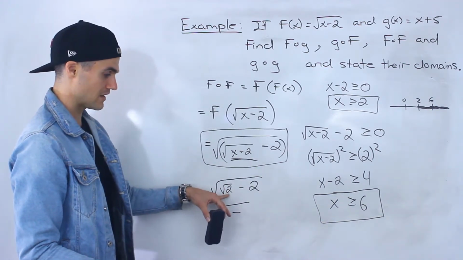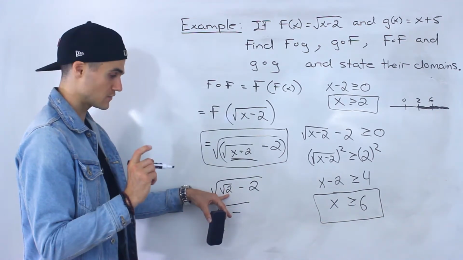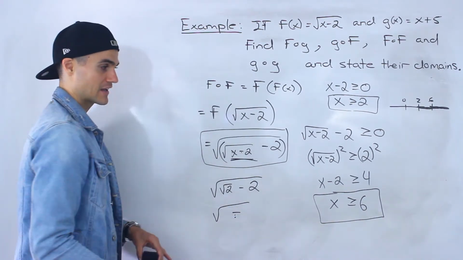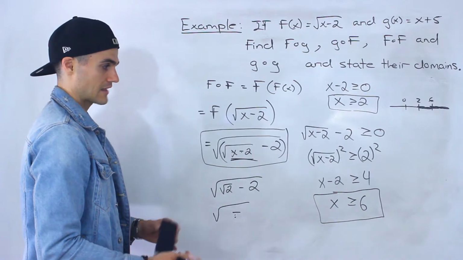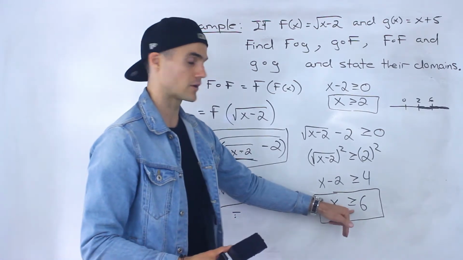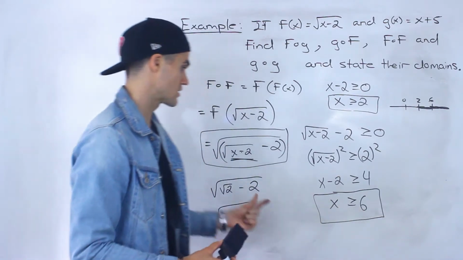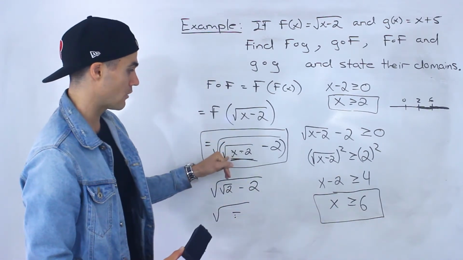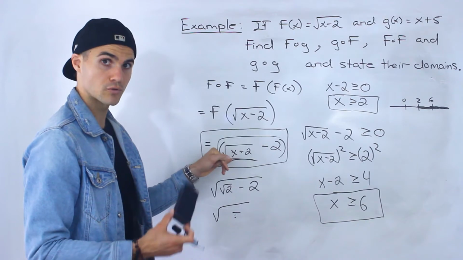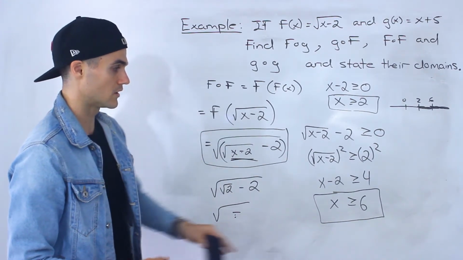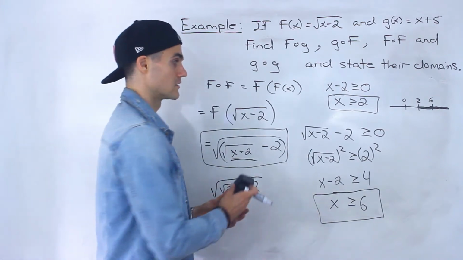So even though for this small square root we had a positive number under it, in the big square root, we're going to end up having a negative number. And so that's why x has to be greater than or equal to 6. Because those x values are not only going to allow the small square root to be positive, it's going to allow the big square root to be positive as well. So that would be the domain right there.